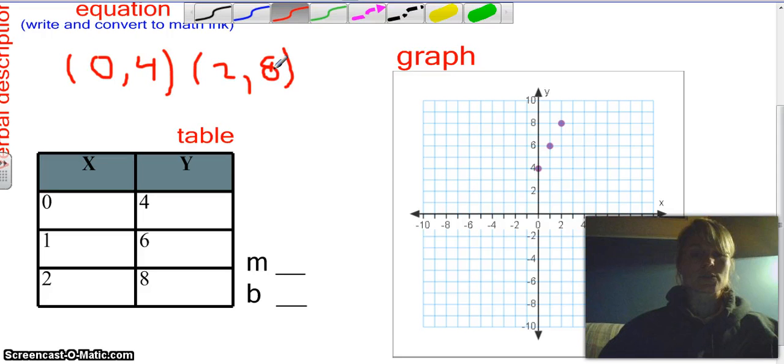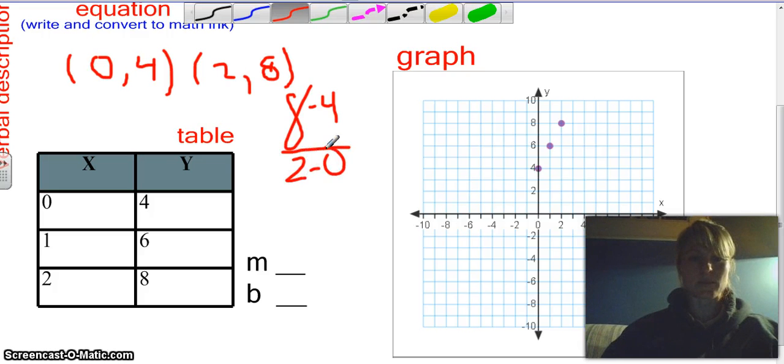All right. So to find the slope, we subtract the y's because it's rise over run, or the change in y and the change in x. So we do 8 minus 4 over 2 minus 0.